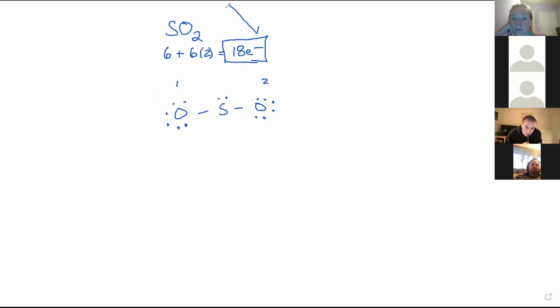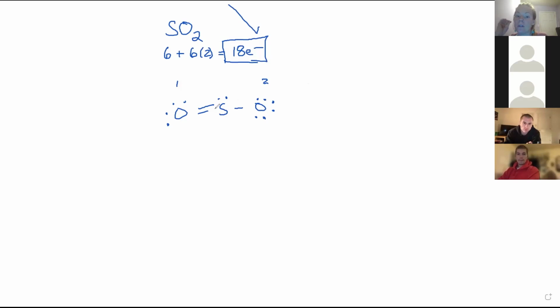I'm going to pick the first one and make a double bond over here. Could you have done it instead where you made the double bond off of the second oxygen? You could. And what's actually happening is there's sort of a 1.5 bond occurring in both of them, or the double bond is kind of oscillating back and forth.